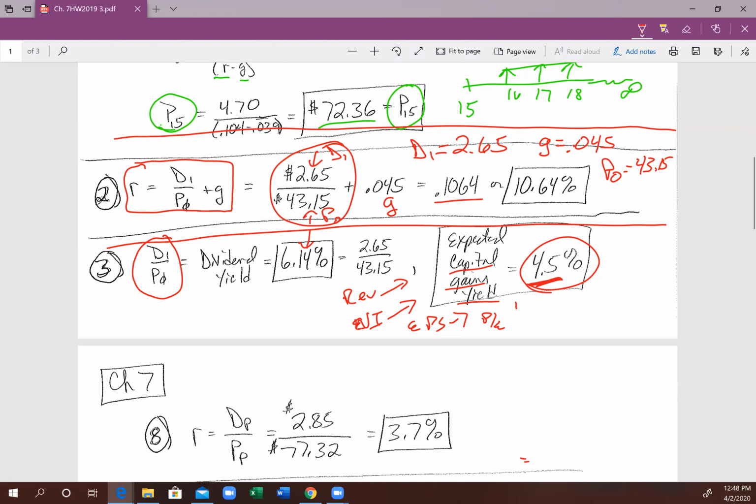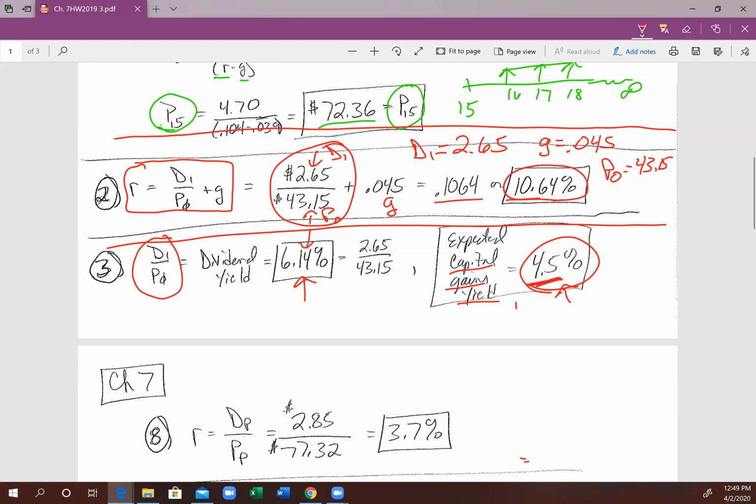If everything else in the company is growing at 4.5%, including the dividend, then that dividend growth rate also implies growth in the stock price. So you can see here, if you require a 10.64% return, you're getting 6.14 from the dividends and 4.5 from the price appreciation of the stock. So you can kind of see it.